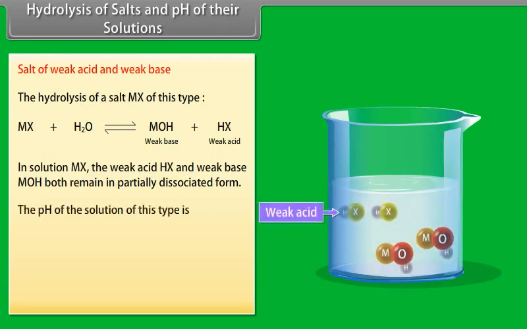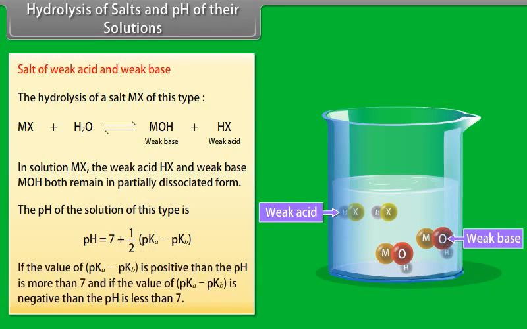The pH of the solution of this type is pH = 7 + 1/2 (pKa − pKb). If the value of pKa − pKb is positive, then the pH is more than 7, and if the value of pKa − pKb is negative, then the pH is less than 7.